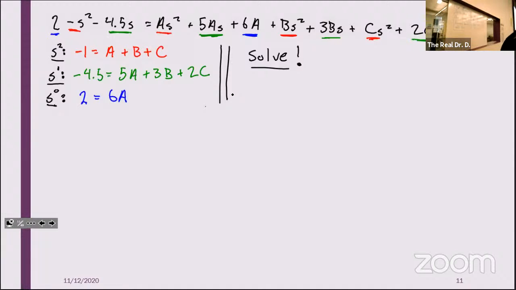We can all see, hopefully, that a should be equal to 2 over 6, or 1/3, from that third equation. Then if you take a and plug it into the other 2 equations, you can solve those 2 simultaneously. You solve one of them for b, plug that into the other equation, and solve for c.